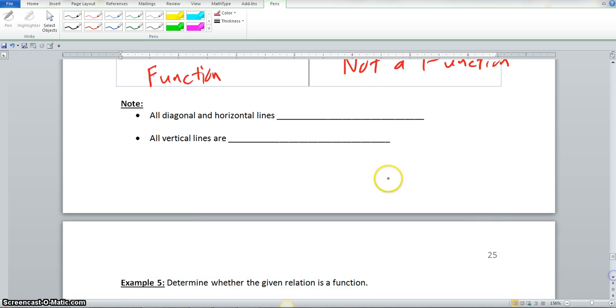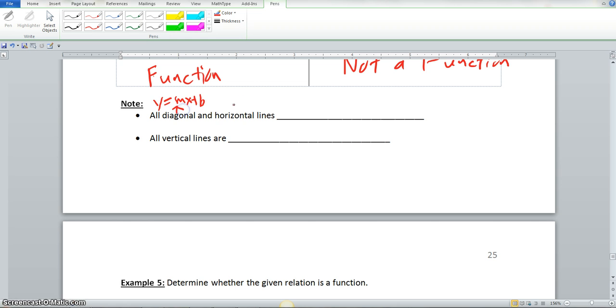Now, it says note, all diagonal and horizontal lines are typically your y equals mx plus b. That's typically your diagonal line.